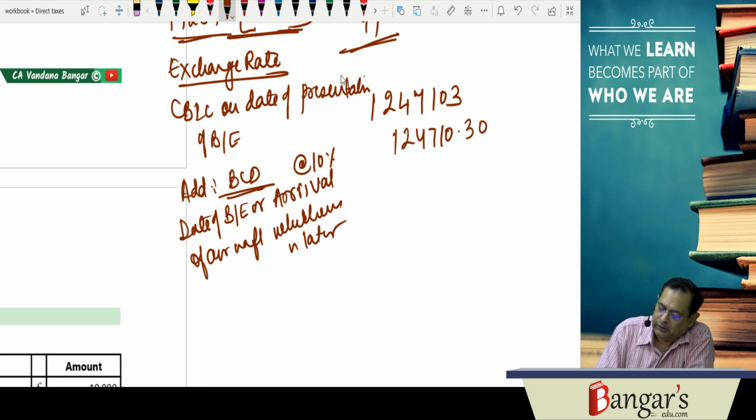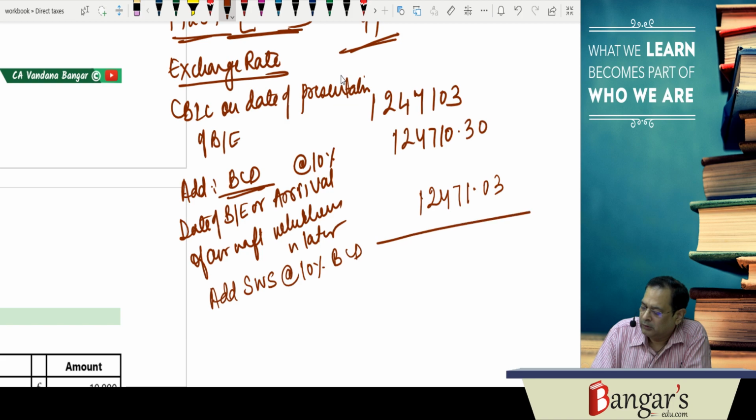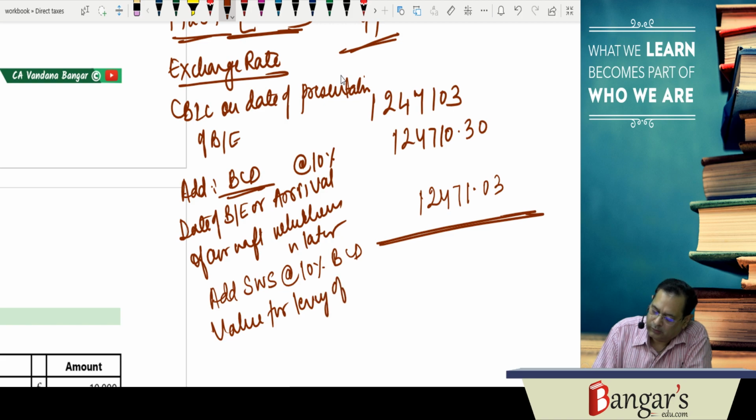That is 1,24,710.30. Add social welfare surcharge at the rate of 10% of the basic custom duty, that is 12,471.03. This will be the value for levy of integrated tax. This we have done in the classification chapter.